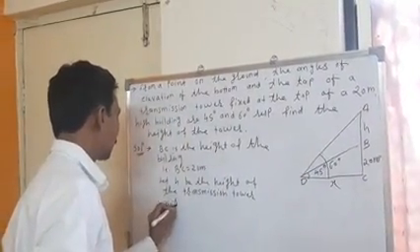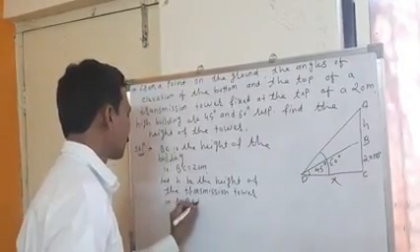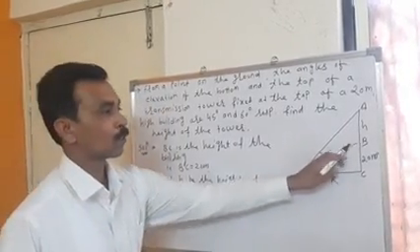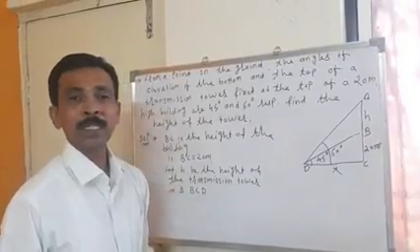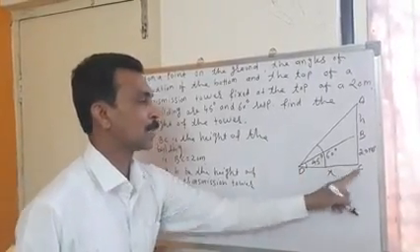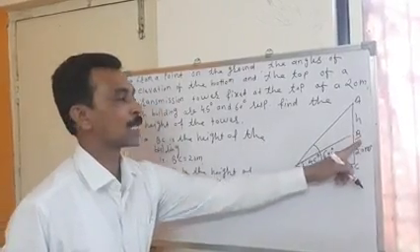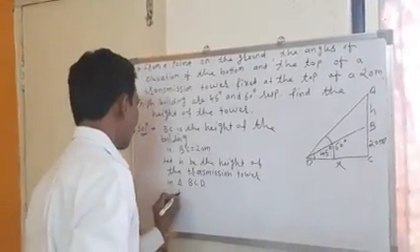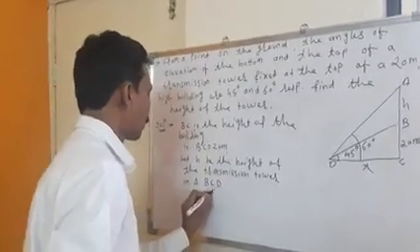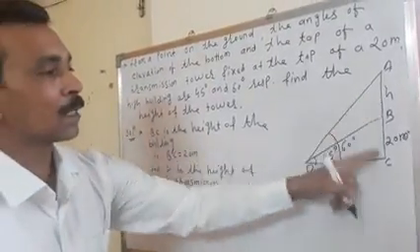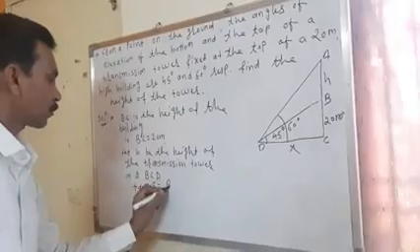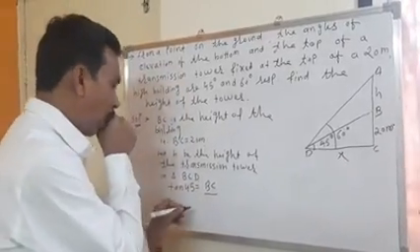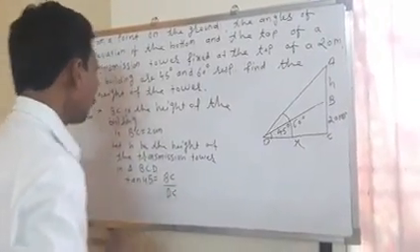In triangle BCD, this is the reference angle D. What is BC? Opposite. What is CD? Adjacent. What is opposite upon adjacent? Tan. So what I will write here? Tan 45 is equal to opposite, BC, upon adjacent, DC.